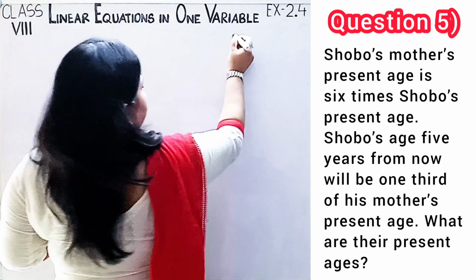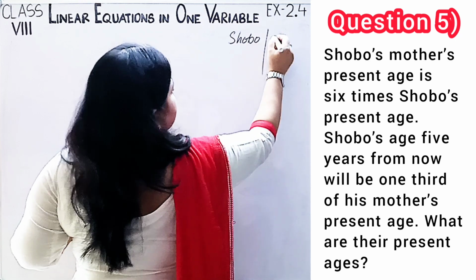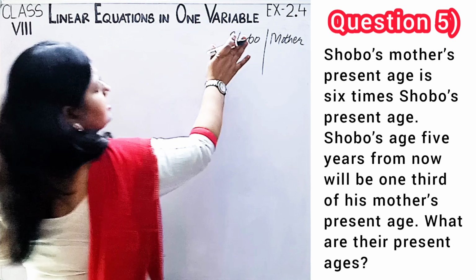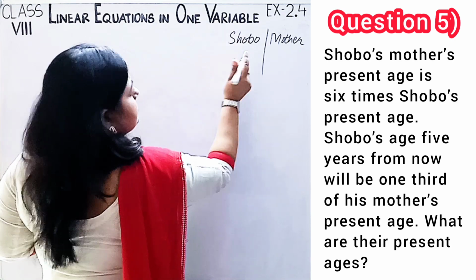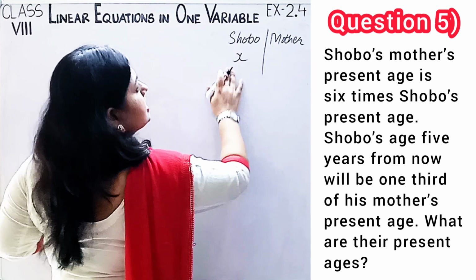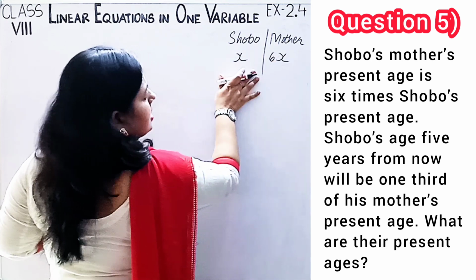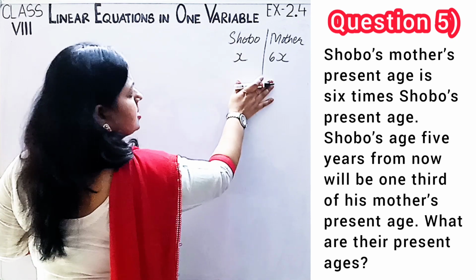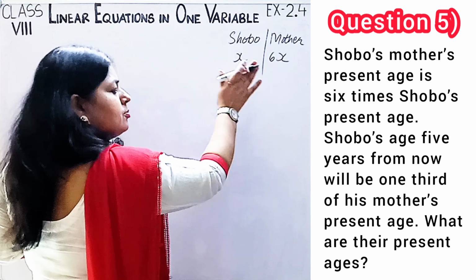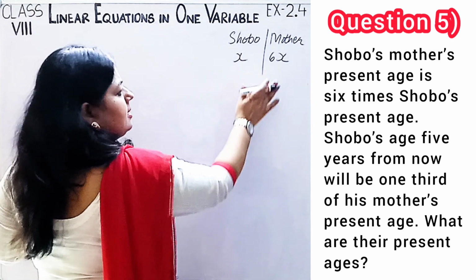If Shobo's age is suppose x, then mother's age will be 6 times, it means 6x.